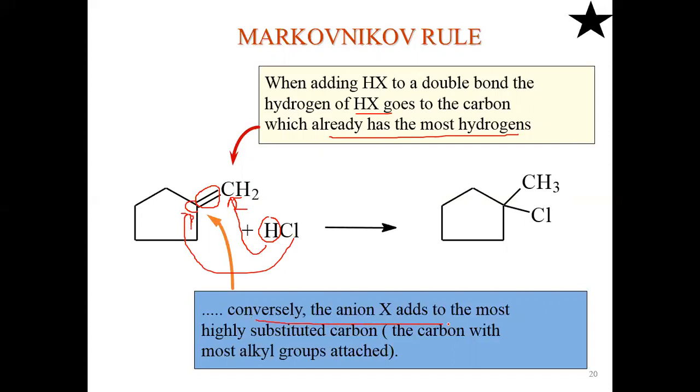So conversely, the anion X adds to the most highly substituted carbon, the carbon with the most alkyl groups attached. In another way, when you relate HX, the H will go to the carbon with the most hydrogen, and the X will go to the carbon with the most alkyl groups attached.